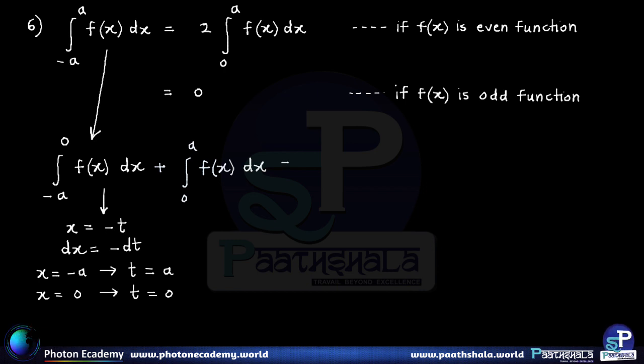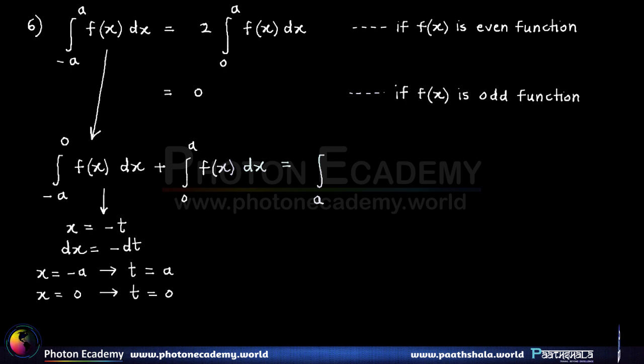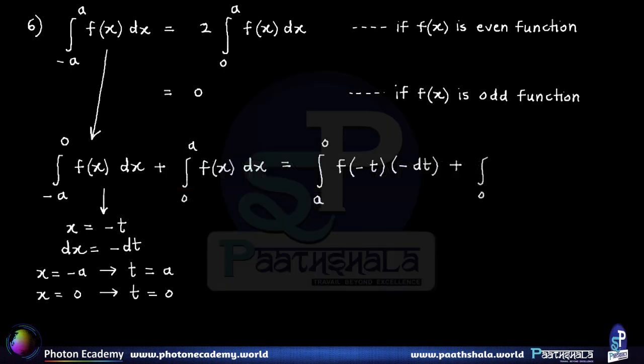So therefore on substitution we get the new limits from a to 0 of f of minus t into dx, which is nothing but minus dt, plus integral from 0 to a of f of x dx. Now if we want to remove the minus sign, we need to interchange the limits.